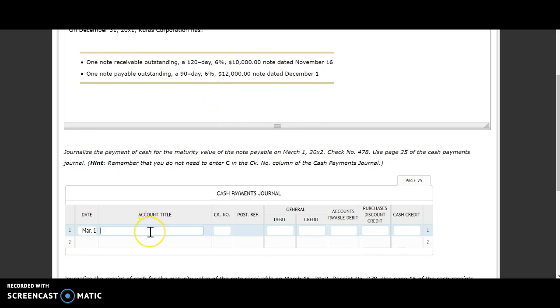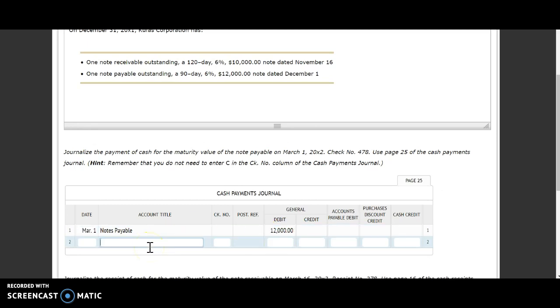Okay, so I'm going to start then recording my notes payable. I'm going to debit that account for $12,000. That is the principal amount of the note. Okay, I'm also going to need to debit my interest expense, how much money I paid in expense.